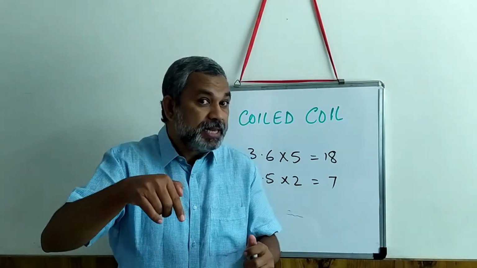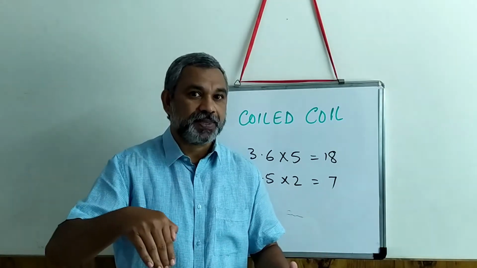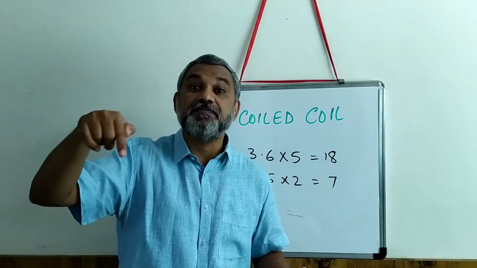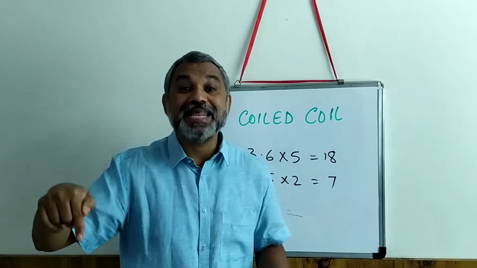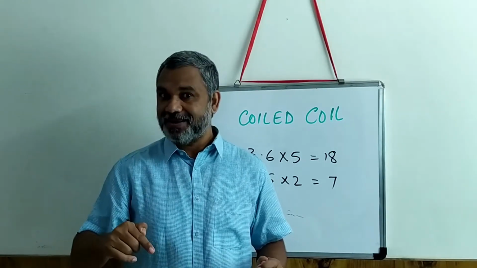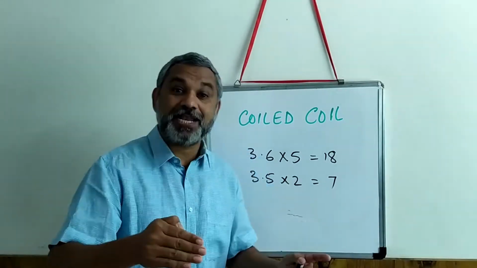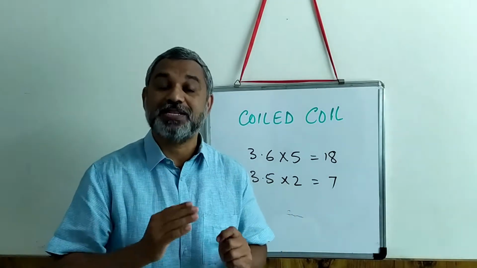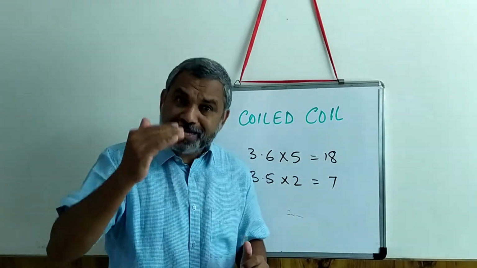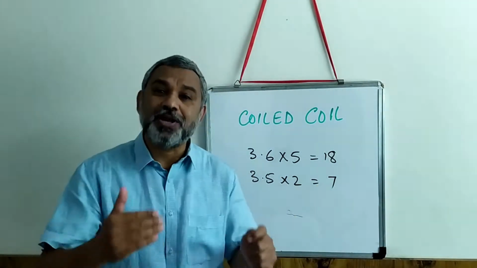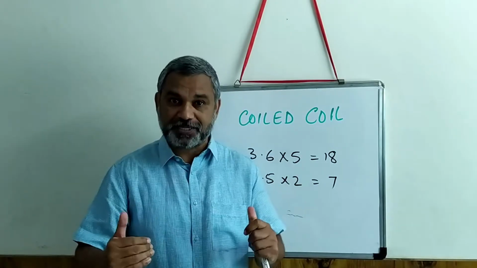You will see that in a coiled coil structure, this heptad is being repeated again and again. That is the speciality of a coiled coil structure. So let us see how this particular coiled coil structure is formed.